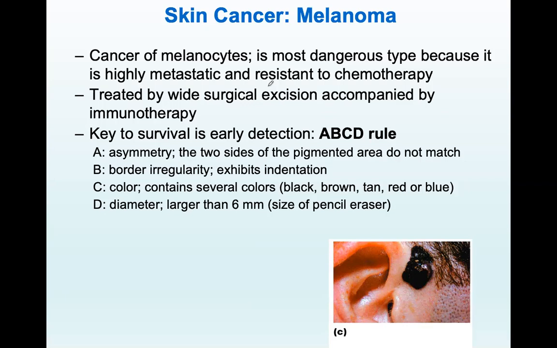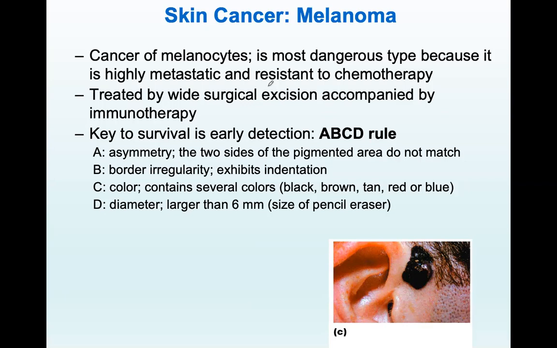So it is resistant to chemotherapy. You can do treatments by surgically removing the melanoma and then do things called immunotherapy. But typically, if you ignore these moles on the body, you may actually have metastasized cancer in the rest of your body.